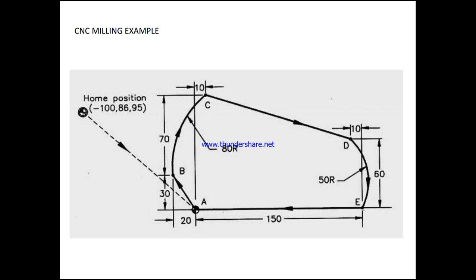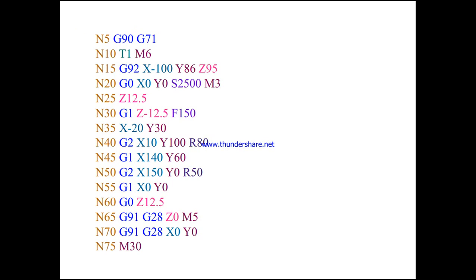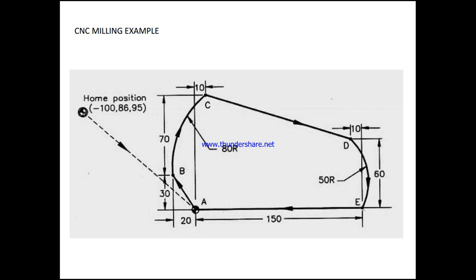And N35, we are having X minus 20 and Y 30. So what is this N35? It cuts a line from A to B. So A to B, it cuts here.